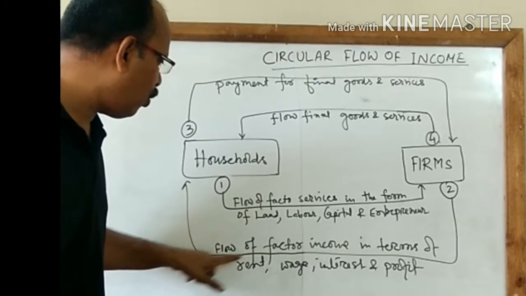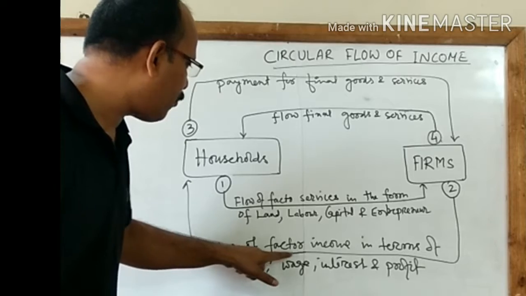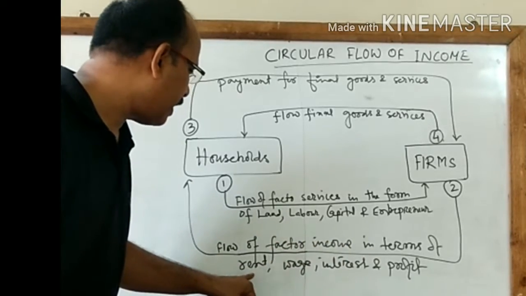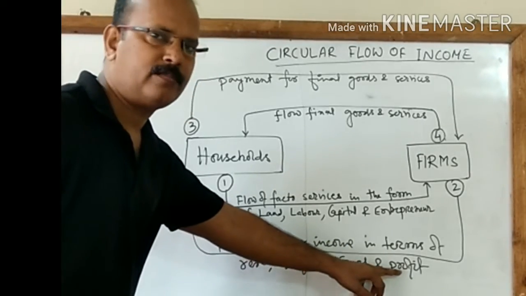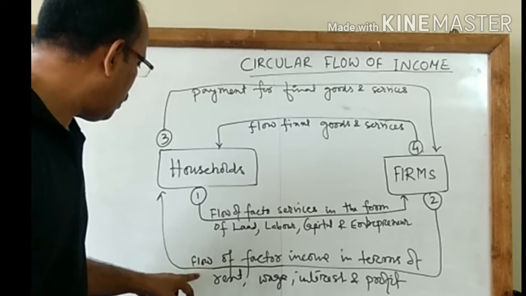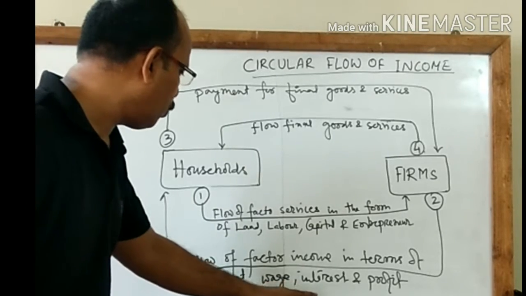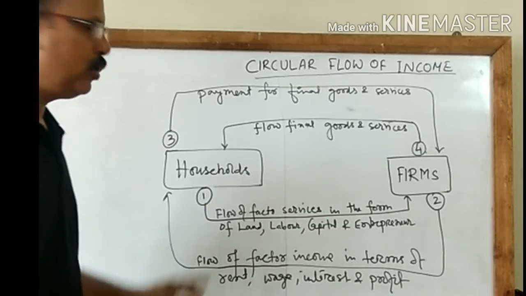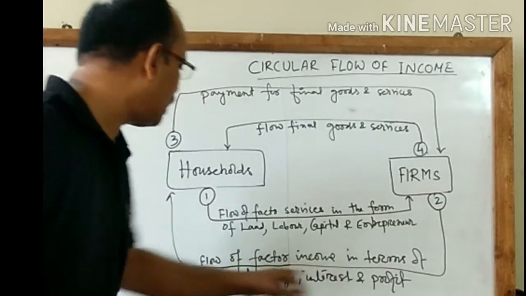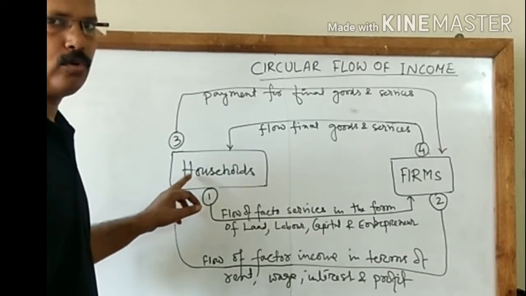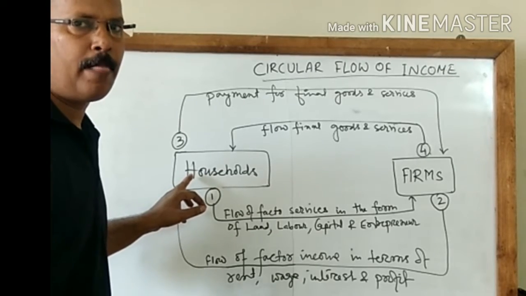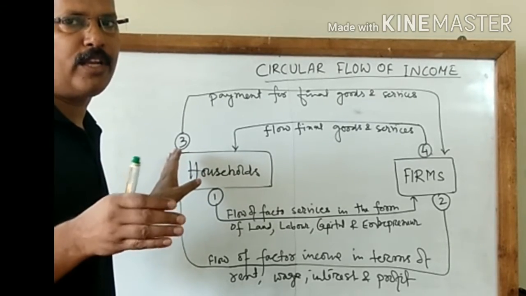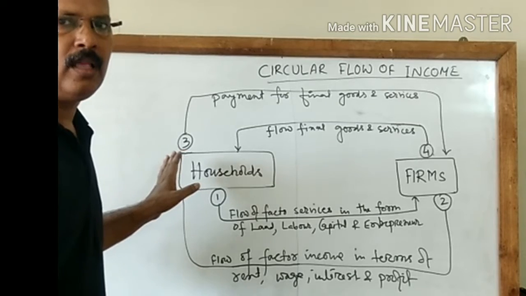So I have written here flow of factor income in terms of rent, wage, interest, and profit. The households have got rent, interest, wage, and profit from the farms. So this is factor income that has been earned by the households. Now what will the households do with that income? The households will spend the money to purchase final goods and services from the farms.